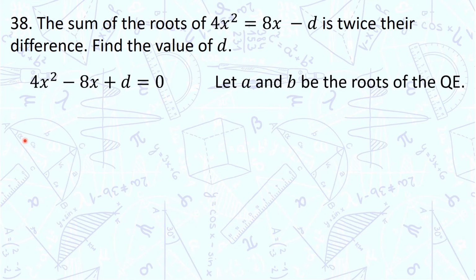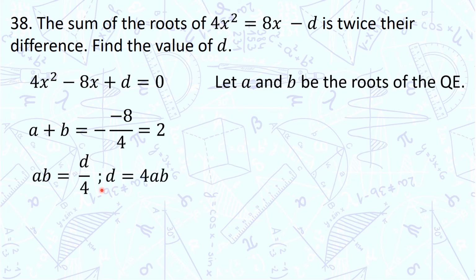So from the general form, we have the sum of the roots as negative of b over a. Negative of b, that will be negative of negative 8 over a, which is 4, that is 2. So the sum of the roots is equal to 2. The product of the roots will be d over 4. So we have d is equal to 4ab.